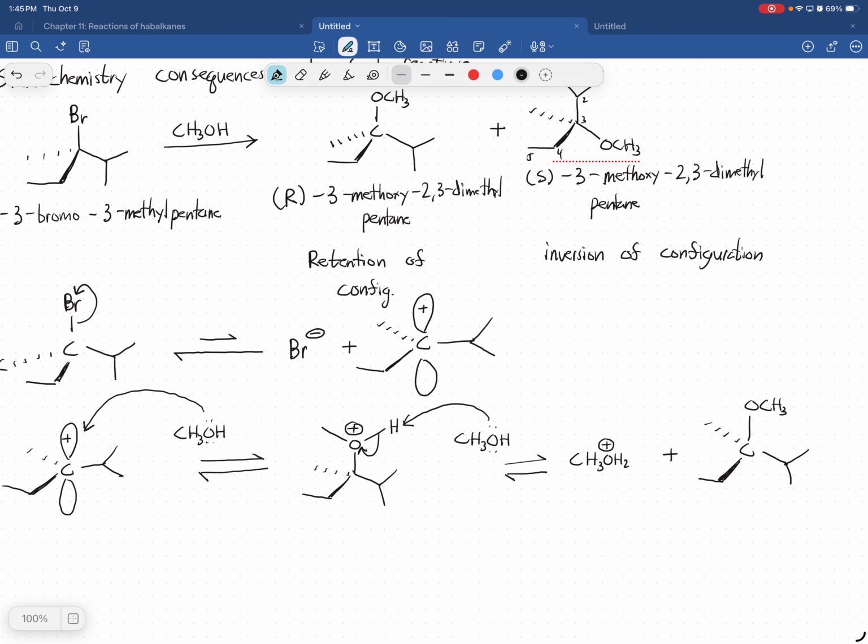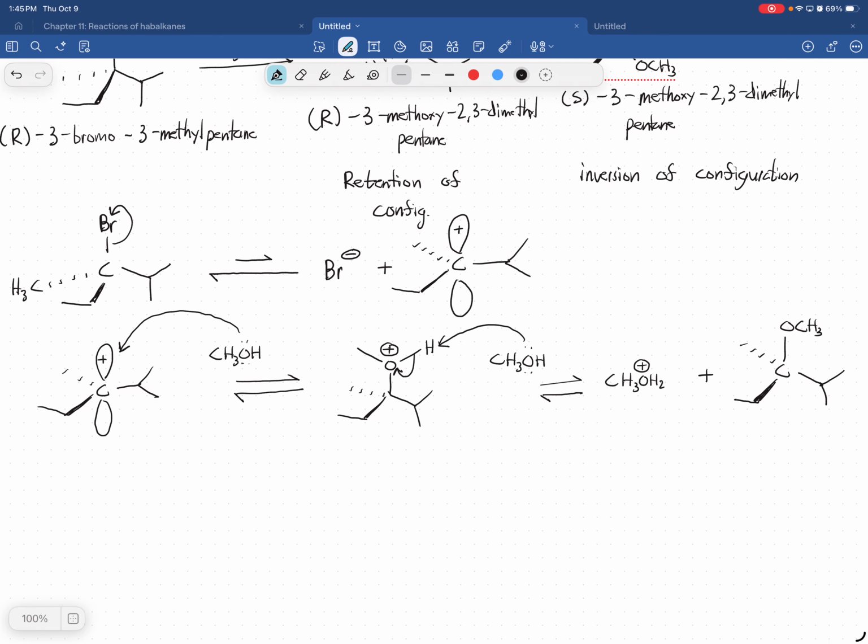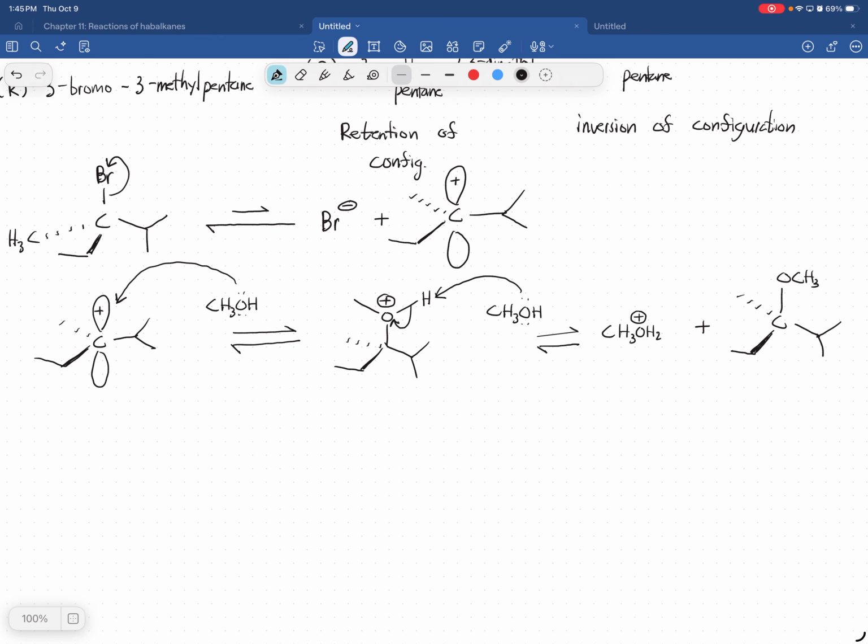Now, how about if it attacked from the bottom half of the carbocation? All right, so now let's imagine we drew the same carbocation. So here's the top half approach. All right, now what if it attacked from the bottom half?